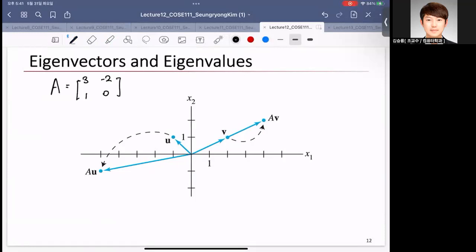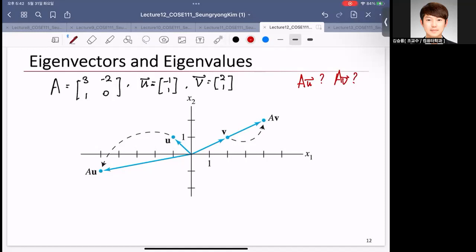Let's suppose an arbitrary matrix A. And let's suppose that we have two vectors. U is equal to -1, 1, and V is equal to 2, 1. Then let's talk about A times U, and A times V.